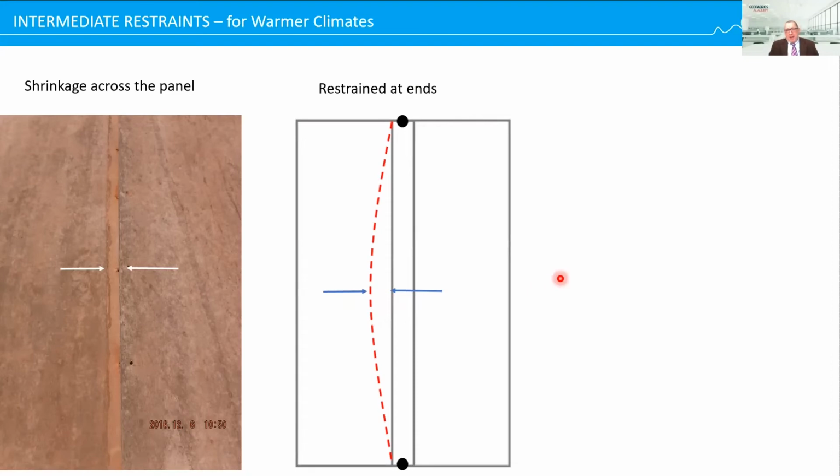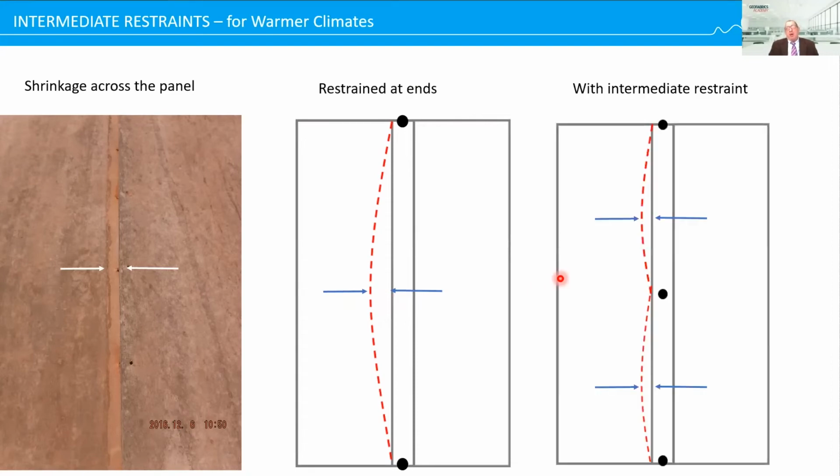So what we found later was, when we redid some similar batters, but this time put an intermediate restraint, it broke up the spans over which the shrinkage would occur.